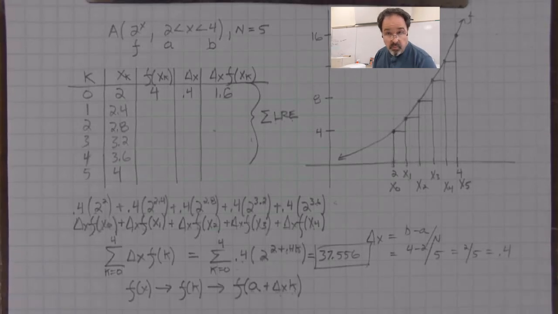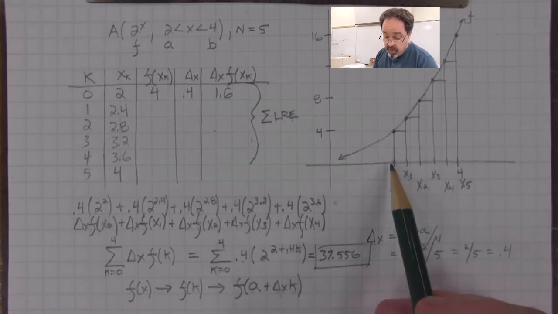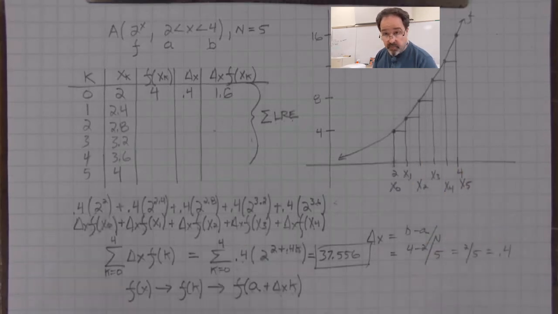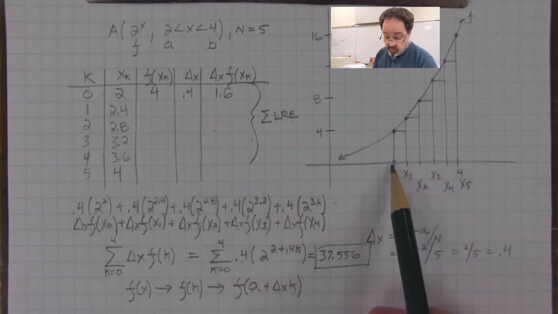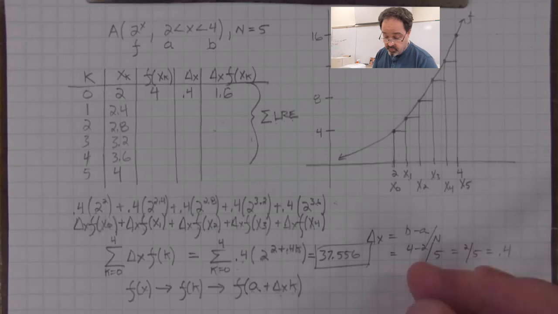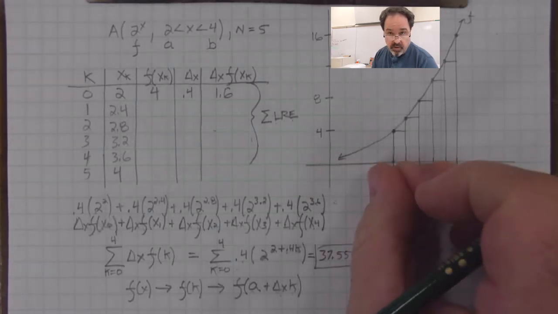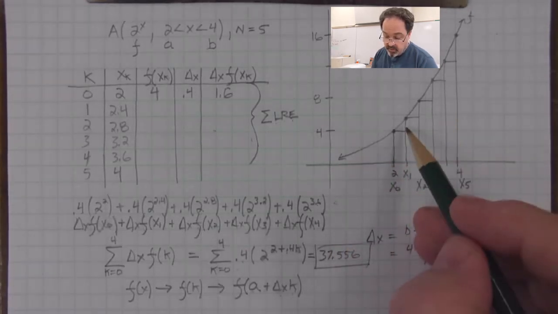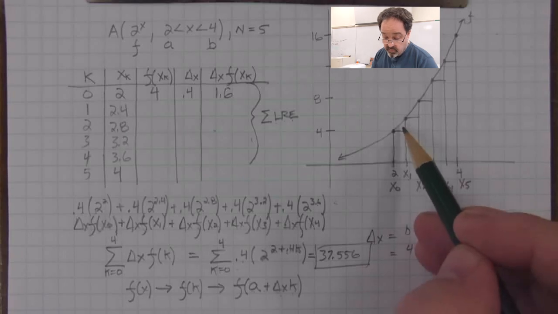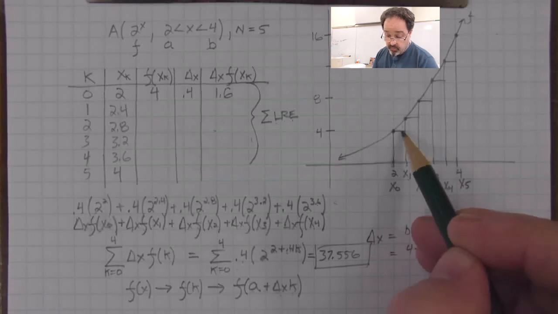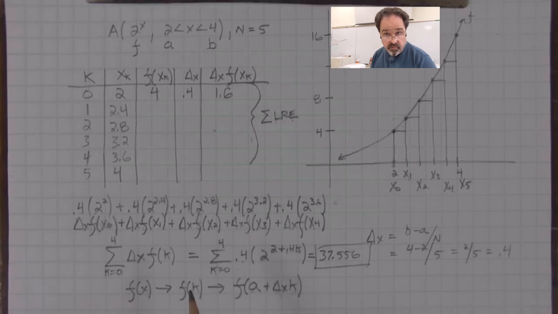Why would we use sigma notation to produce estimates if it takes that much work? Because we can produce a better estimate by using more rectangles. If we used 20 rectangles, then the bases would be much thinner, but it would be more accurate because these spaces between the curve and the top of the rectangle would diminish.